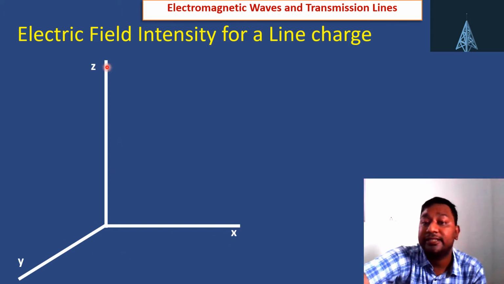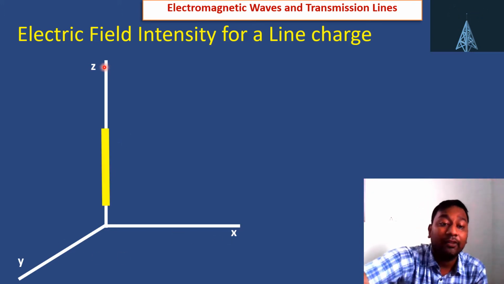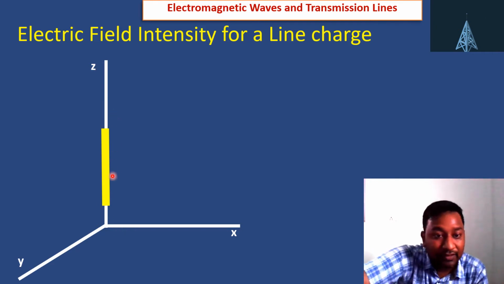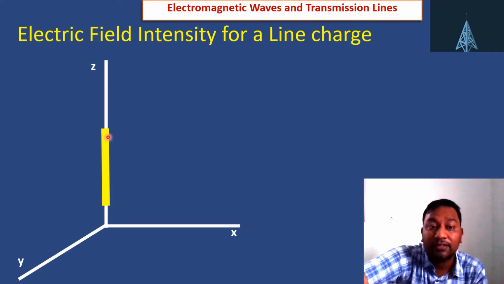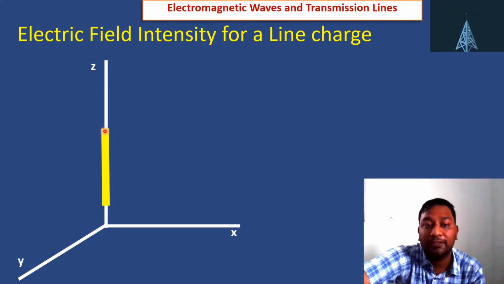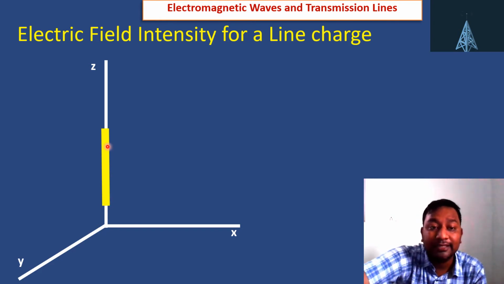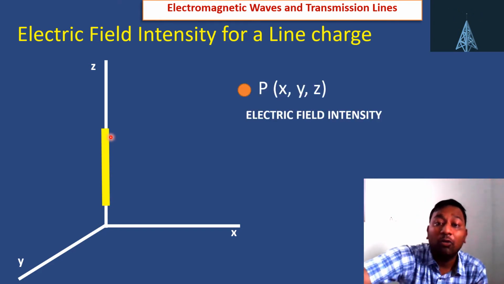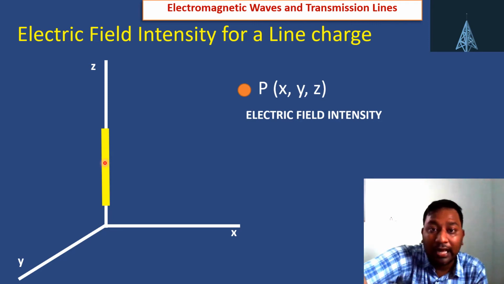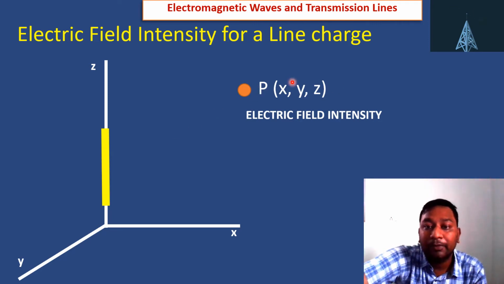Now one line we are placing on the z axis. The line charge has rho l as the line charge density, uniformly distributed throughout this particular line, so it is placed in the z direction. So now for this particular line we will calculate the electric field intensity at a point P.